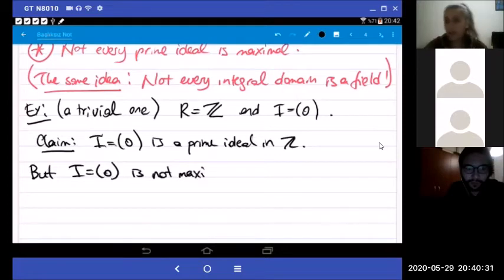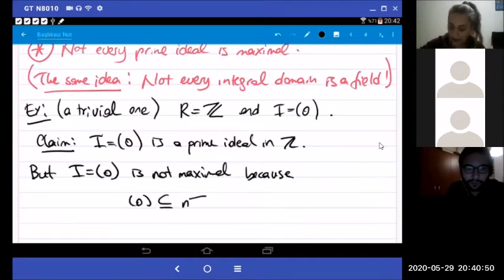Being not maximal is the easiest part because the ideal generated by zero is contained in, for example, nZ, and this containment is proper, okay, for any n different from zero. For example, the ideal generated by zero is contained in 2Z, right?